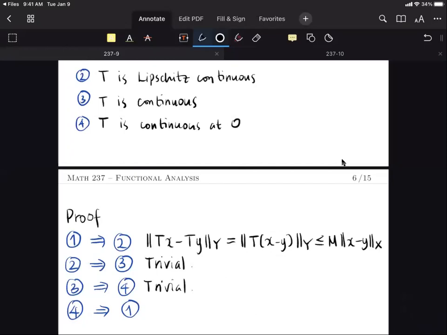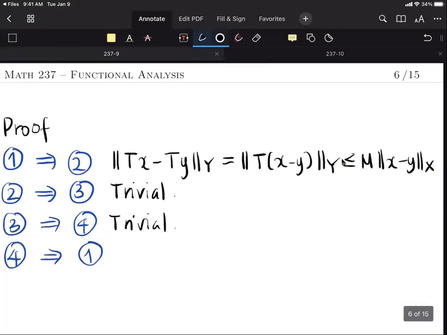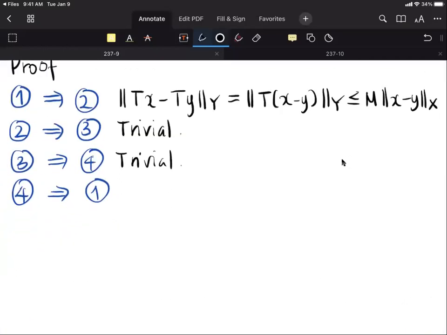Now, to prove the last implication, let us suppose here that T is continuous at 0. Applying the definition of continuity, we take, let's say, the epsilon value to be 1.